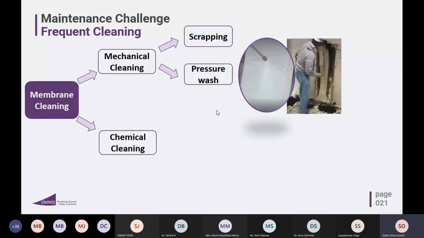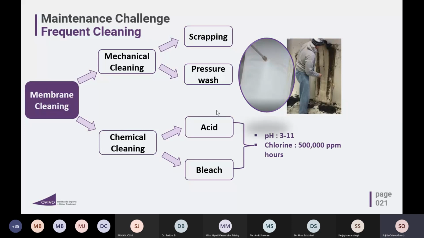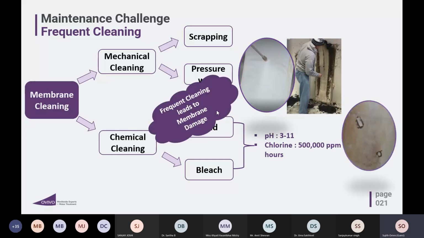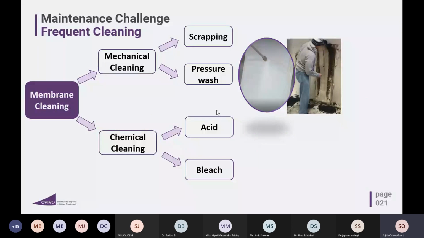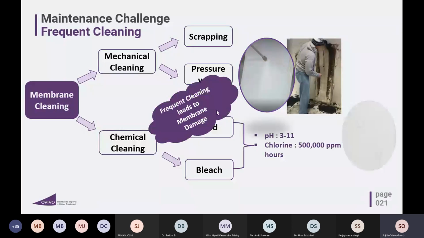Pressure wash is not feasible because those polymeric membranes are not good at handling the pressure, so it will tear off. And the other option for chemical cleaning is acid and bleach. For bleach, you can use either HCl or chlorine for cleaning of the membranes. Frequent cleaning will also lead to membrane damage.